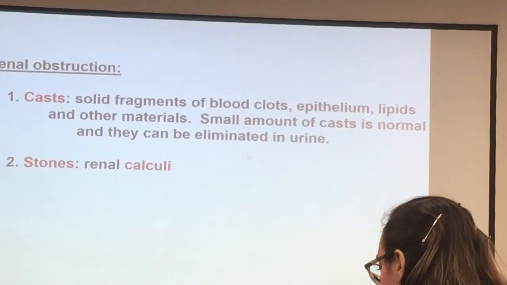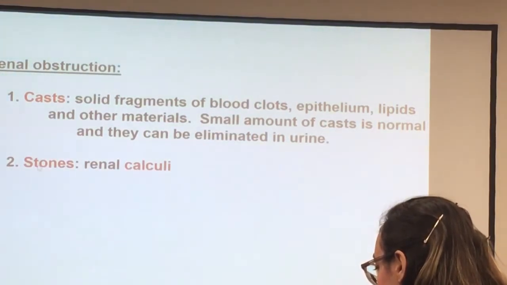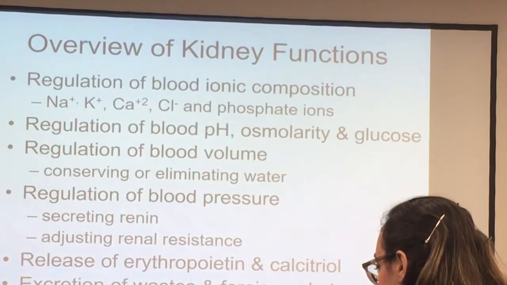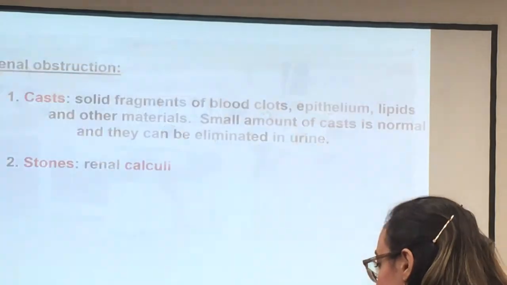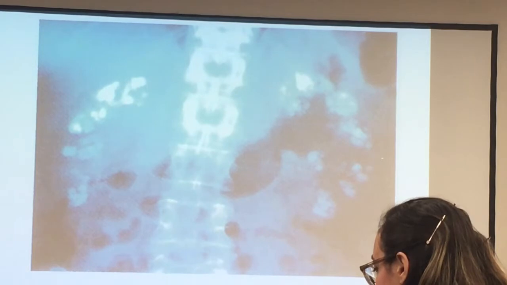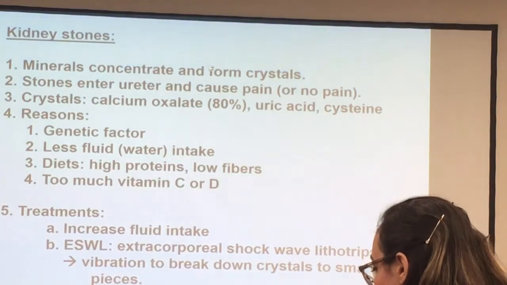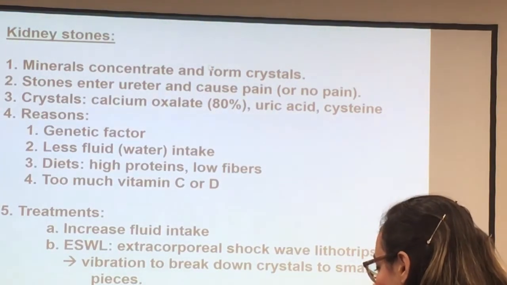But the thing we don't want is stone, what we call renal calculus. Yeah, kidney stone. It could be some kind of crystal, majorly calcium oxalate, uric acid, or cysteine, that's an amino acid.